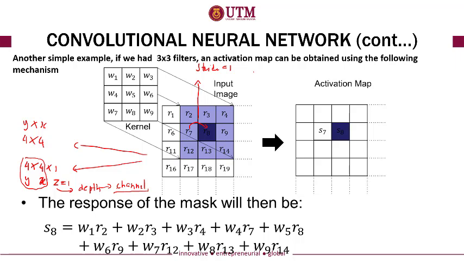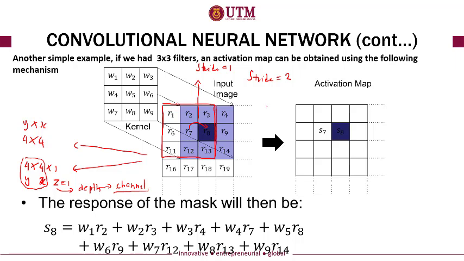For example, let's say you set your stride equal to 2. That means the first convolution will start here, and then for the second convolutional operation, instead of sliding just 1 step, it will jump 2 steps, meaning that the second convolution operation will start here.